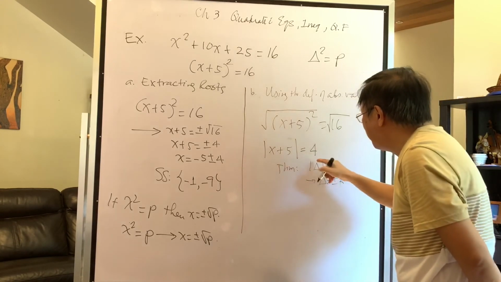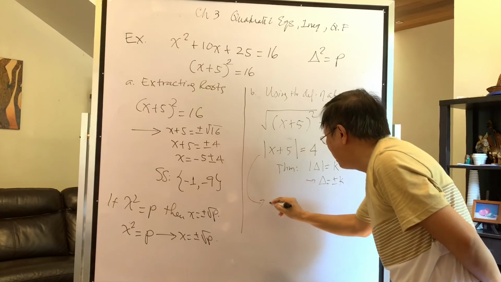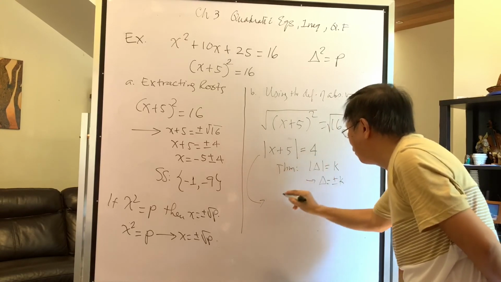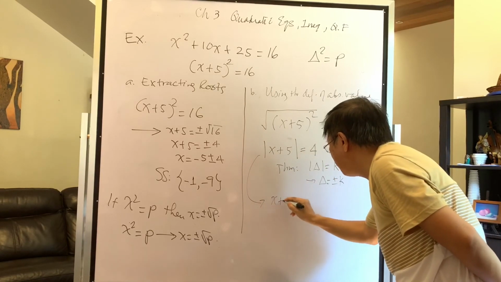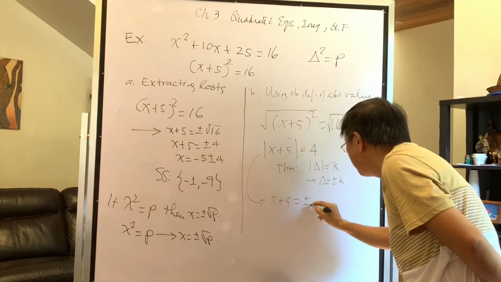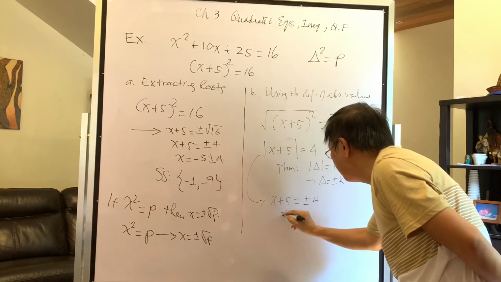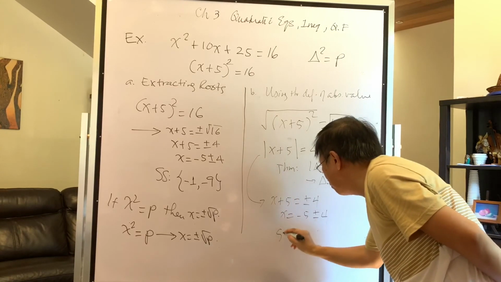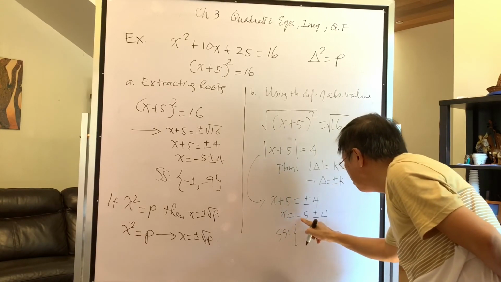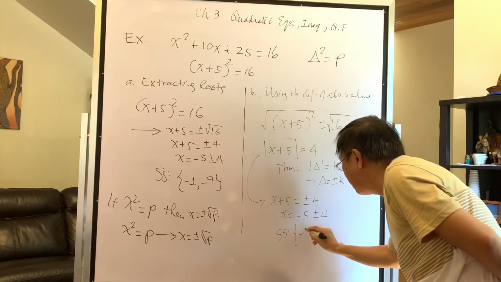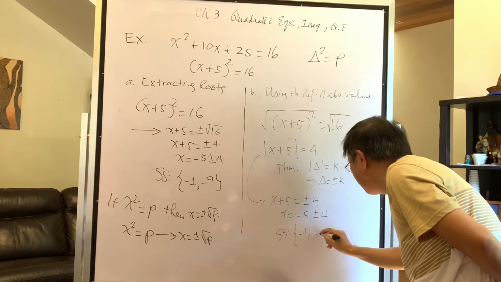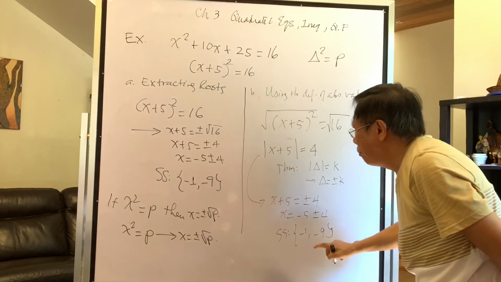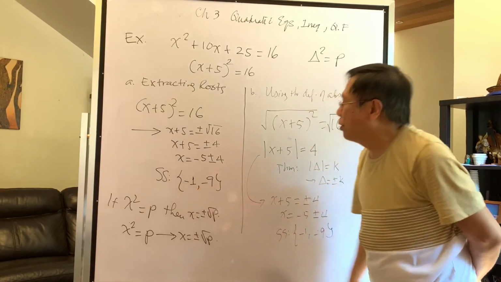Applying it here, I have the absolute value of x plus 5 equals 4, which gives me x plus 5 equals plus or minus 4. Solving for x, I get negative 5 plus or minus 4. So my solution will now be negative 5 plus 4 is negative 1 and negative 5 minus 4 is negative 9, which gives us the same solution there.